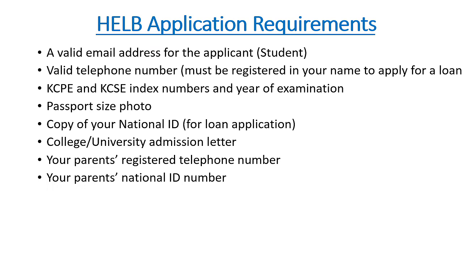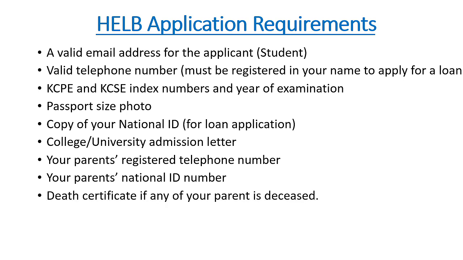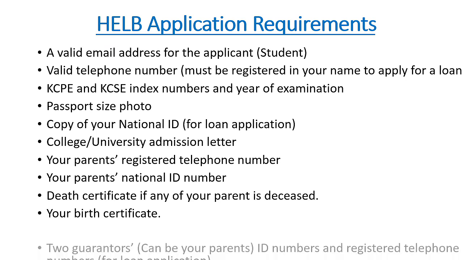What happens, maybe if your parent is not with you, then I believe a death certificate will also be required if your parent is deceased, right? And of course, you need also to provide your birth certificate, just to ascertain that you are the one who is requesting this particular loan, right?